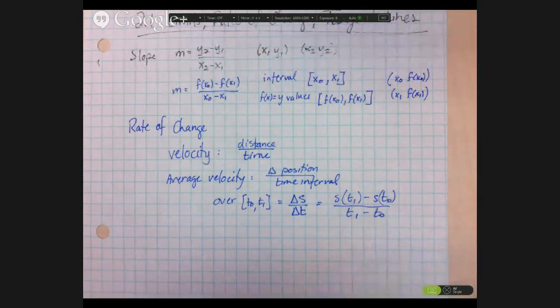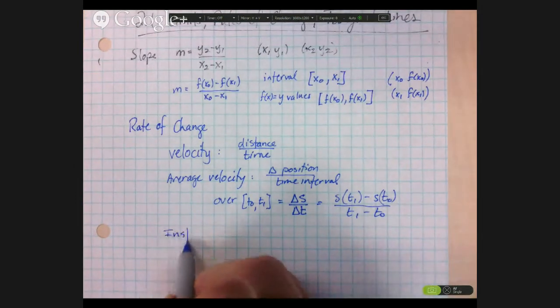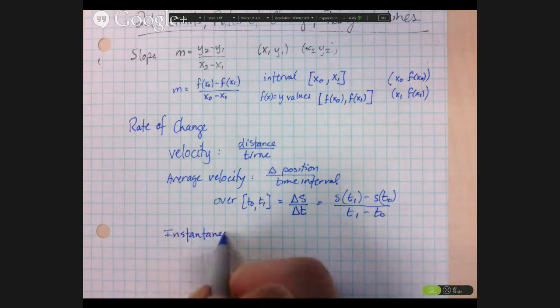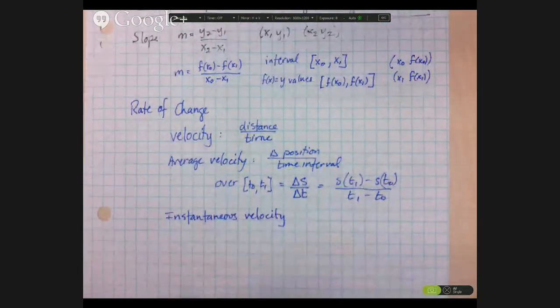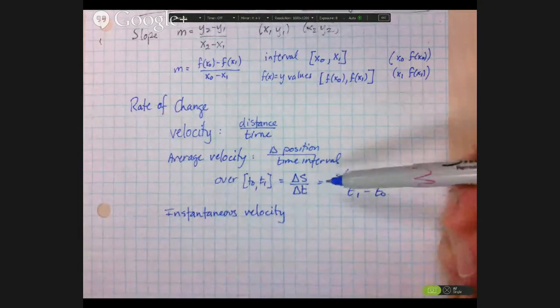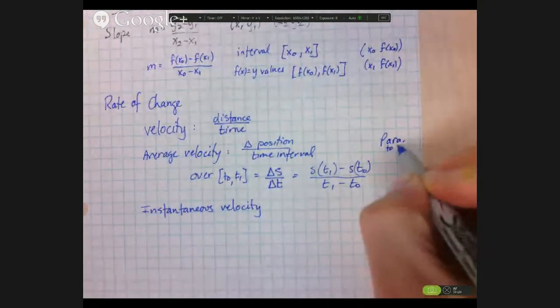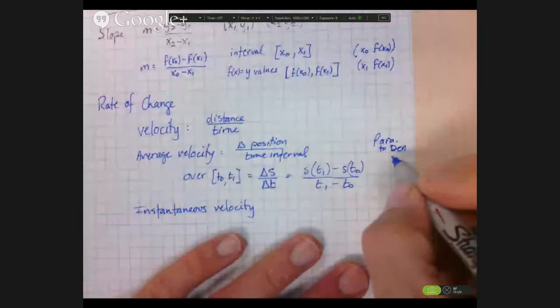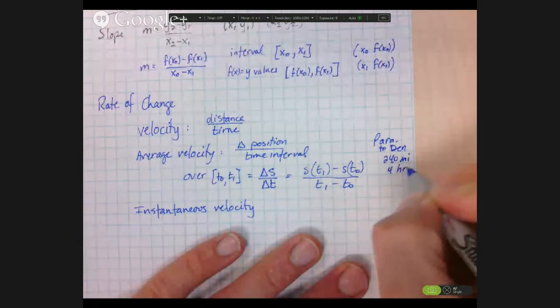Okay. I'm going to give you an example here. The other one you need to know is instantaneous velocity. Average velocity would be like saying how fast did I average from Parachute to Denver if it was 240 miles and 4 hours.